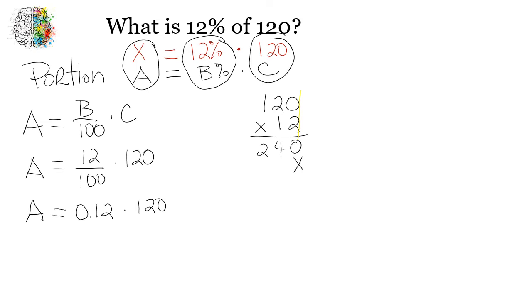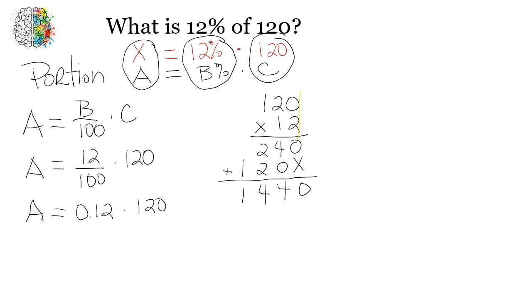Put X as my placeholder. 1 times 0 is 0, 1 times 2 is 2, 1 times 1 is 1. Now I'm going to add my columns: 0, 4, 4, 1. Make sure your rows and columns are clearly written and that your alignment is correct so you don't have any alignment errors.